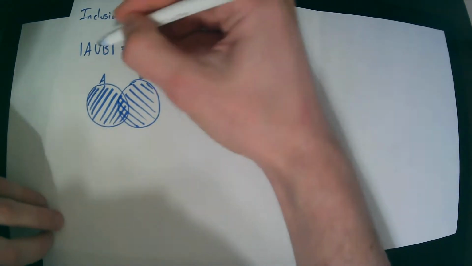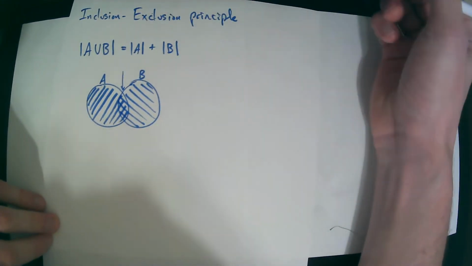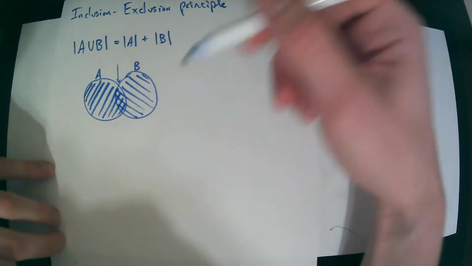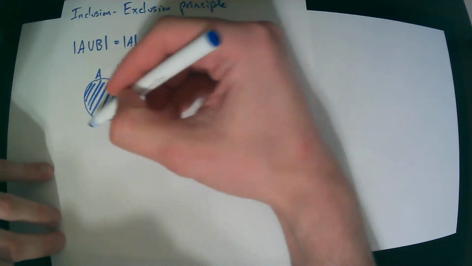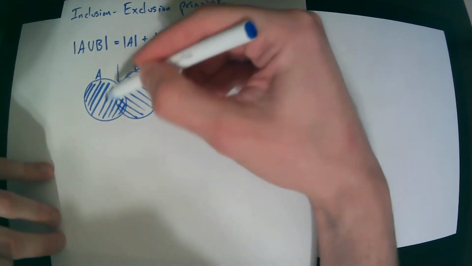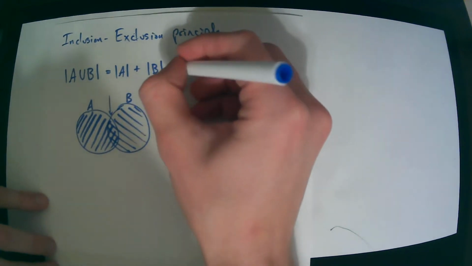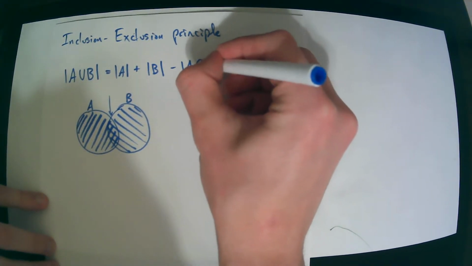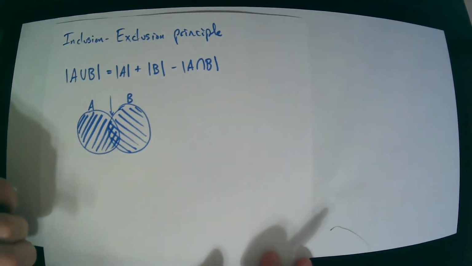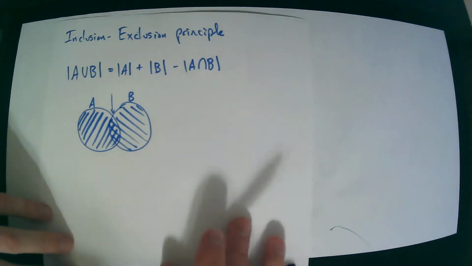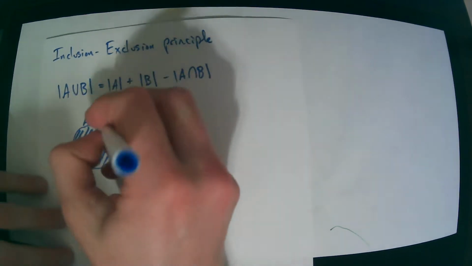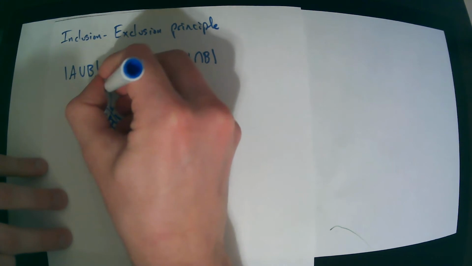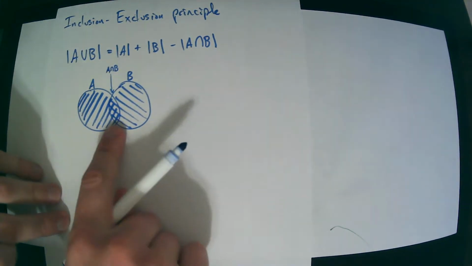The problem is I've double counted that area right there, which is the intersection of A and B. I've counted it twice. I counted it when I got A, and I counted it when I got B again. So what I have to do is account for that by removing an intersection of A and B. So this is the inclusion-exclusion principle. So this right there, that's A intersect B, of course. We know that symbol, and what that means.